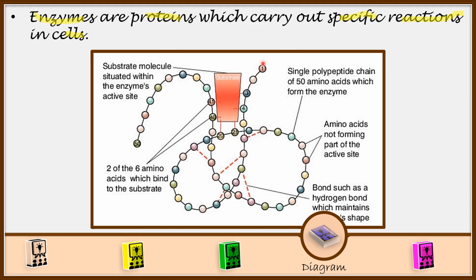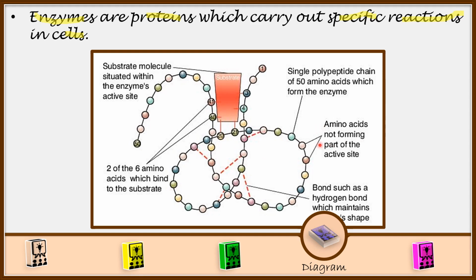Now, also as the peptide, the protein, is moving around, it forms bonds amongst its amino acids. These bonds, such as the hydrogen bond, maintain the enzyme shape, so that the active site remains intact.